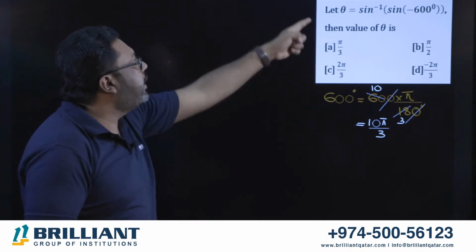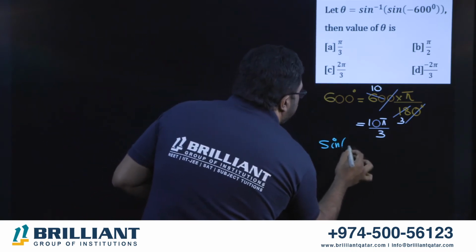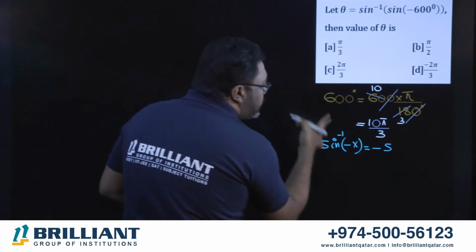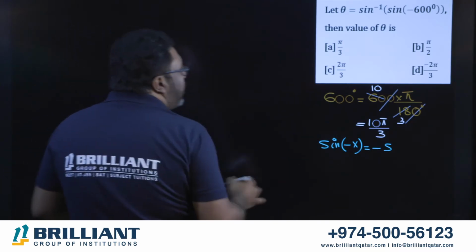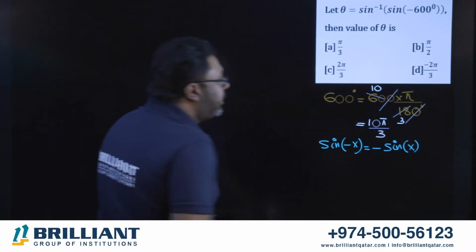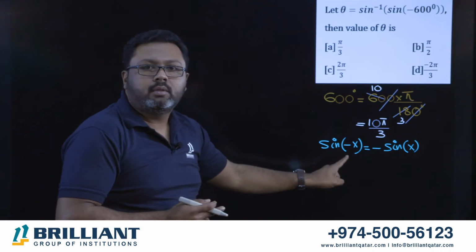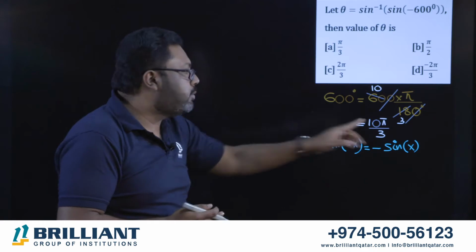Second thing, you have a negative for sine. Sine of minus x is also minus sine x. This is an 11th standard property. Sine of minus x is minus sine x.